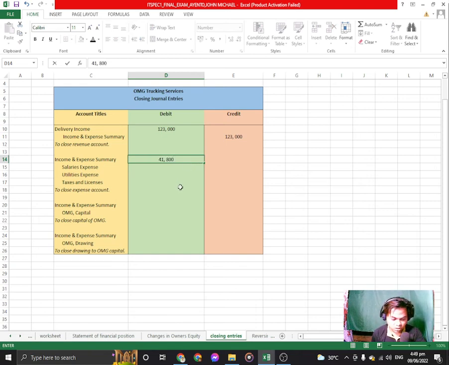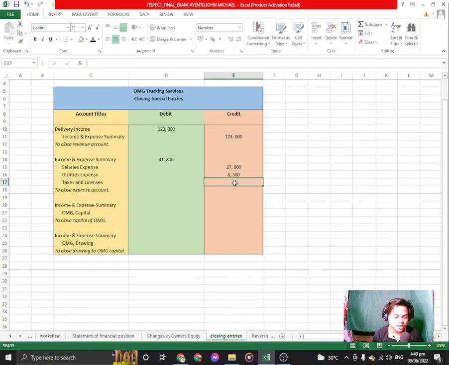And for the salaries expense, we have 27,800 from what we added earlier. And then utilities expense, we have 8,500. And for taxes and licenses, 5,300. So that closes the expense accounts.